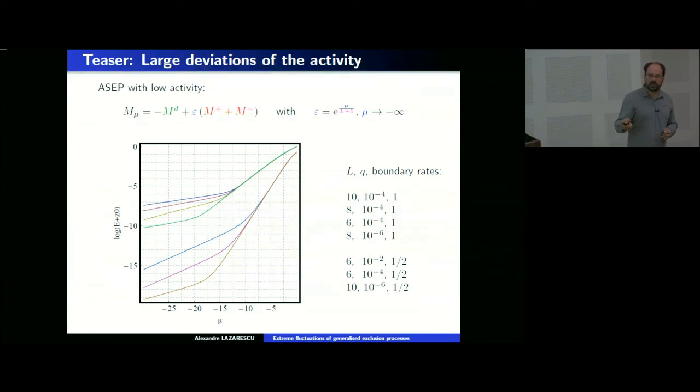And the way that everything depends on the size of the system in this case is inversely so everything is inversely proportional to the size of the system, which would give a large deviation function proportional to the size of the system.